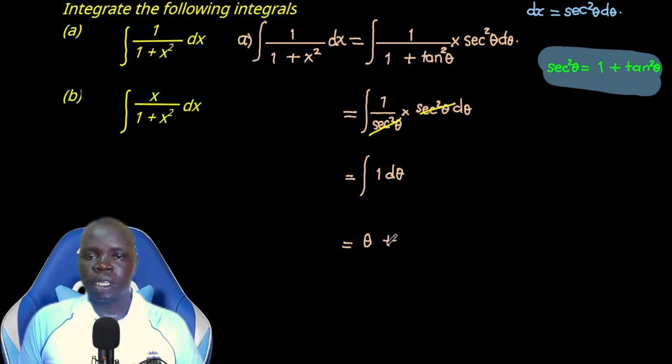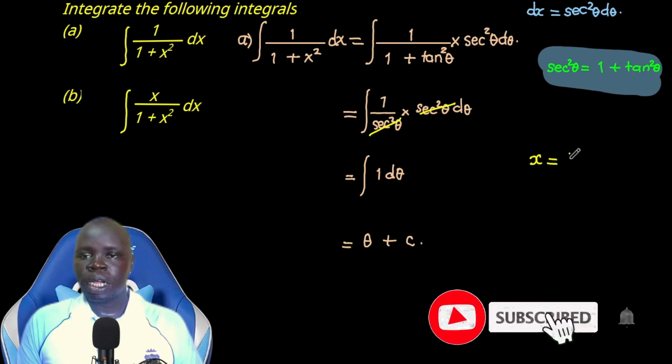Now, since it is an indefinite integral again, we have to add our constant of integration. But our question was in terms of x, and here our solution is in theta. So we have to back substitute from what has been given earlier on. That is, maybe you can recall down here, x equals tan theta.